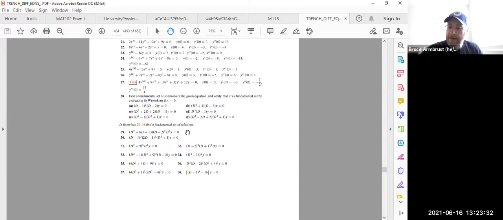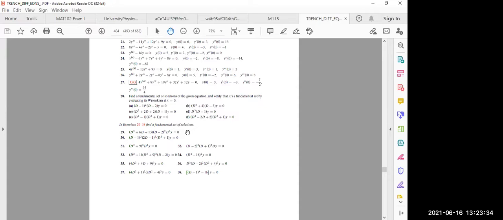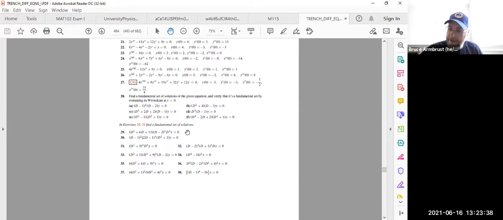Okay, so we have d squared plus 6d plus 13 times d minus 2 squared times d cubed y. Okay, let me switch to the whiteboard. I think probably the biggest issue with this is just knowing what they mean by that big D. But now that we've got it, let's see what we can do.